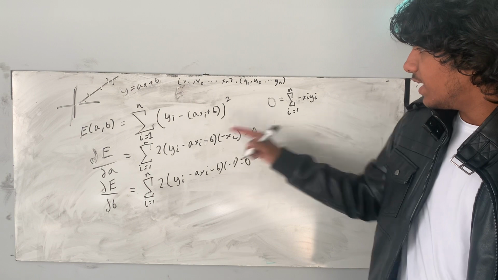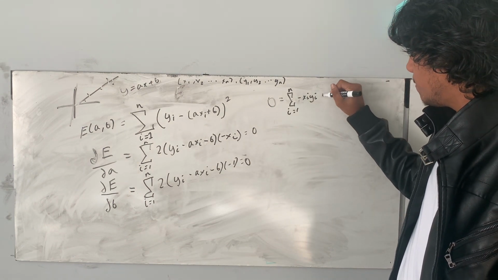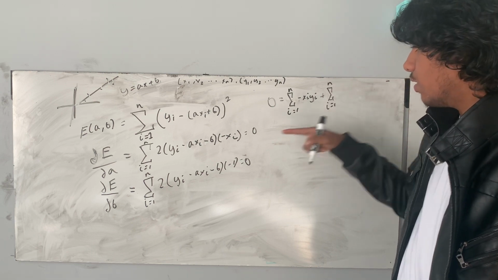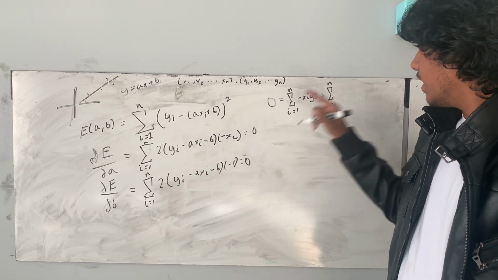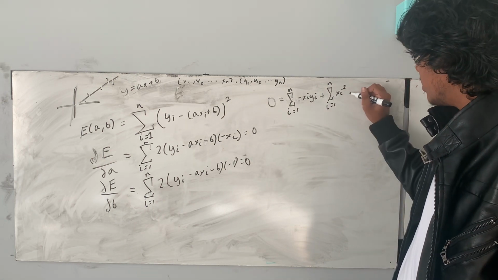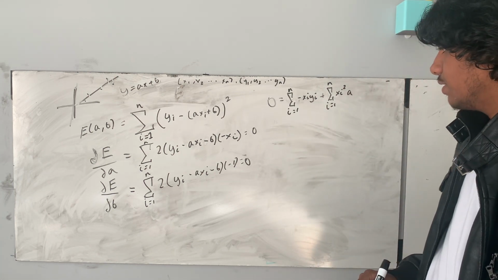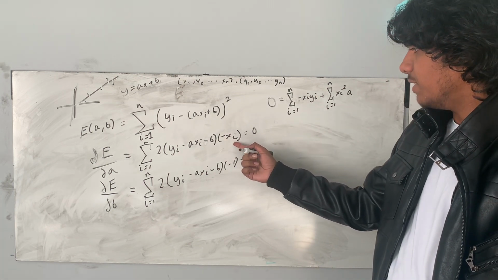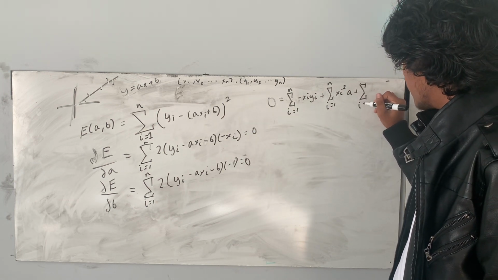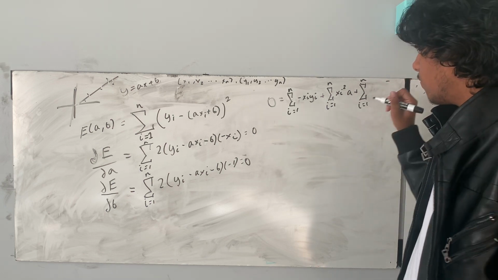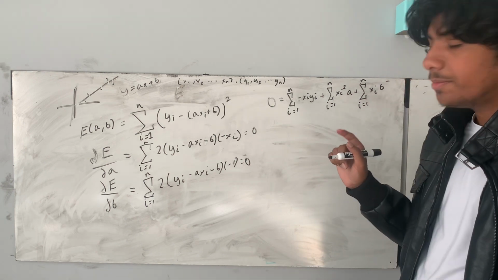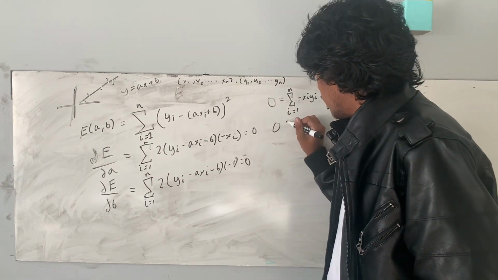Then we multiply this and that, so we're going to have plus the sum i equals 1 to n of xi squared, and the a can go on the outside, but it doesn't matter, so let's just put the a there. And then another plus the sum i equals 1 to n of xi b. So now we have another equation too.